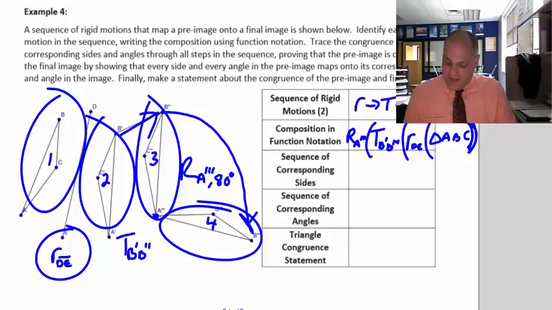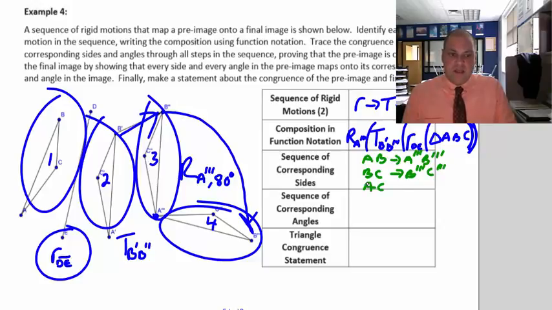Sequence of corresponding sides. Let me just erase these. Okay, so AB corresponds to what? AB corresponds to A triple prime, B triple prime. It's pretty easy, right? BC corresponds to B triple prime, C triple prime.